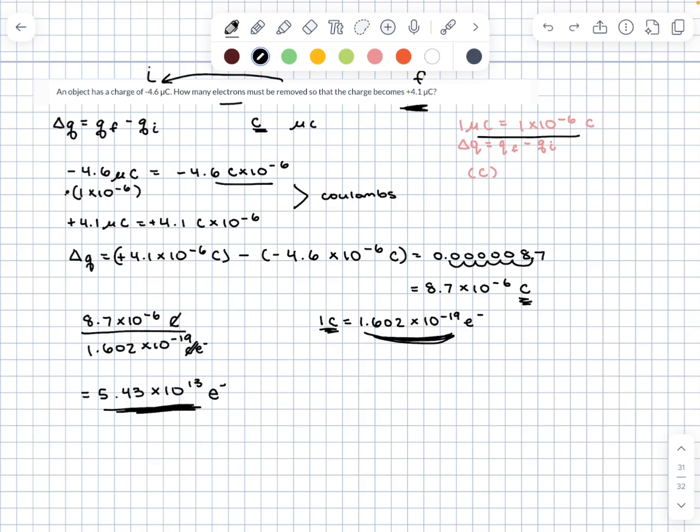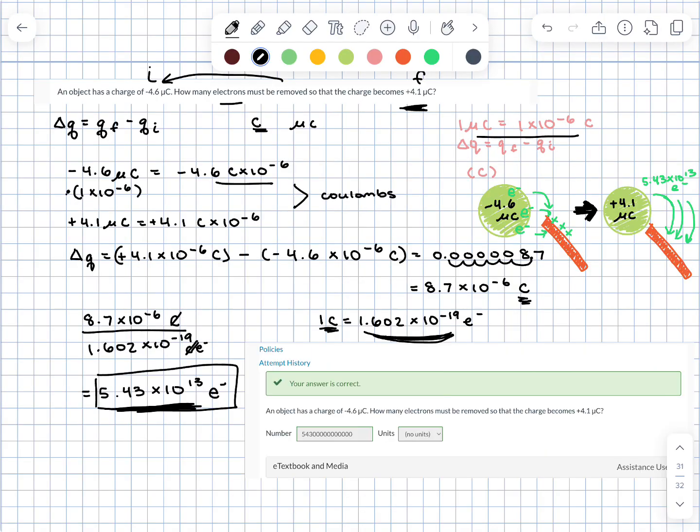And then getting these values here, and ultimately dividing them by our conversion that we learned previously to get the amount of electrons left. So 5.43 times 10 to the 13th electrons need to be removed from negative 4.6 microcoulombs to get the positive 4.1 microcoulombs. I hope this helped, and let's go to our next problem in this set.